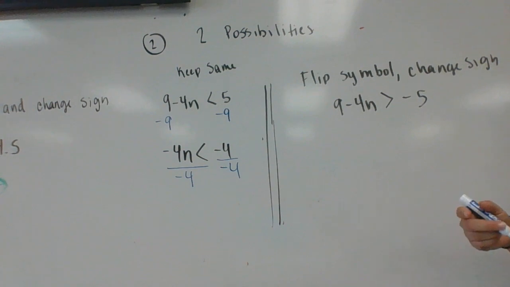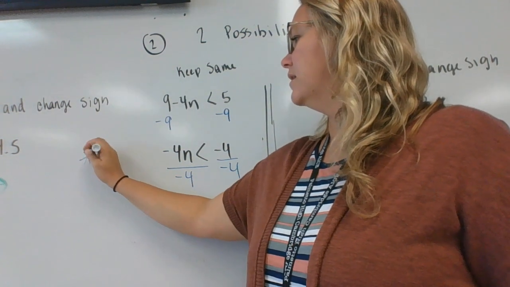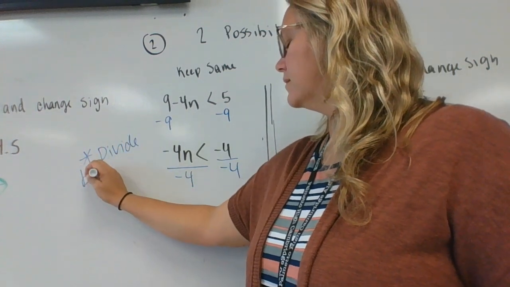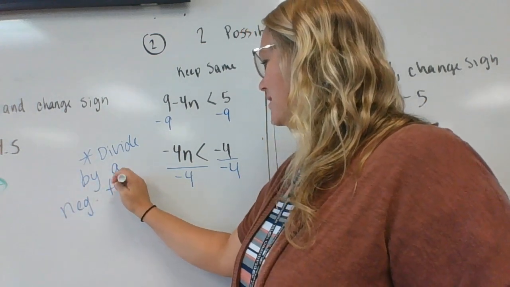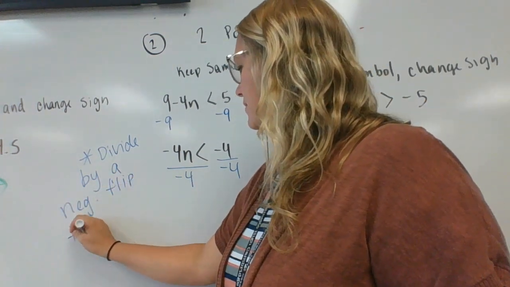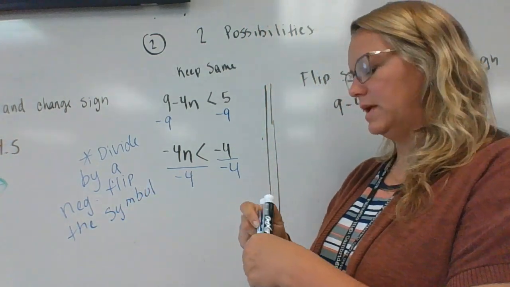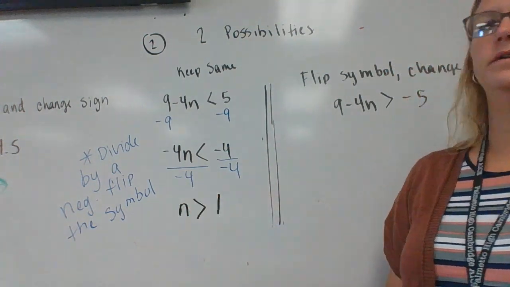When you divide by a negative, you have to flip the symbol. And I think that was in the sign somewhere. So this is actually going to be n is greater than 1.